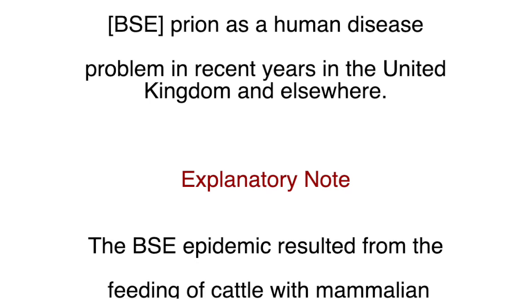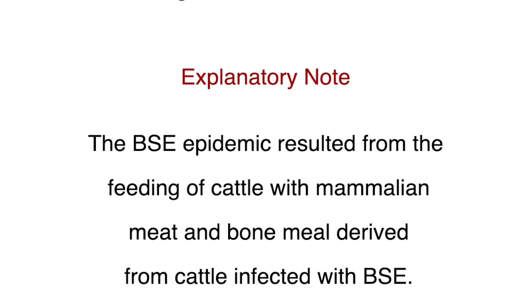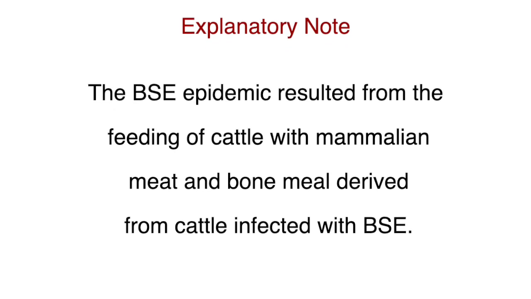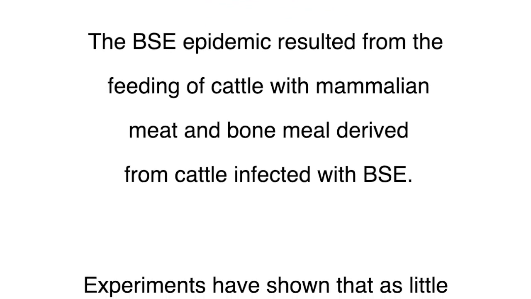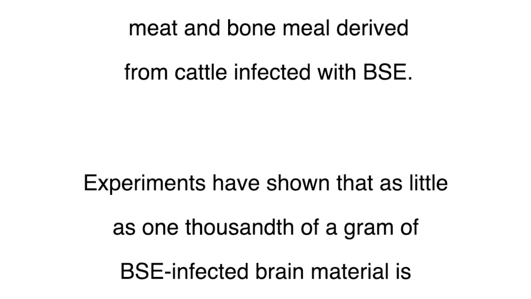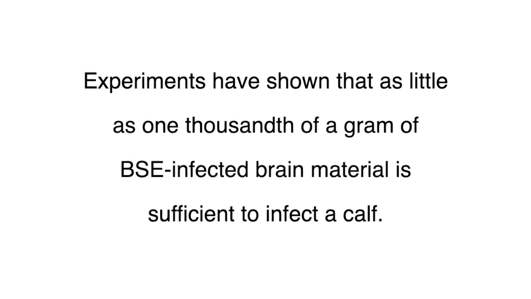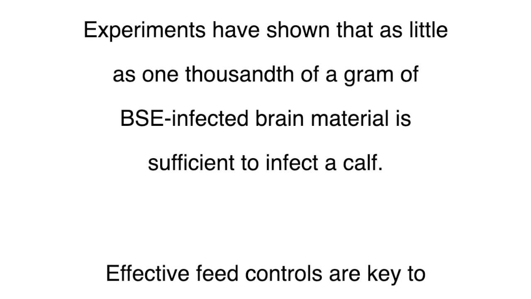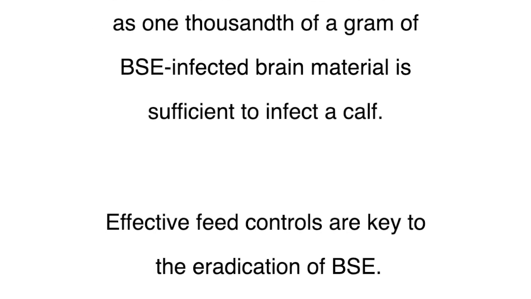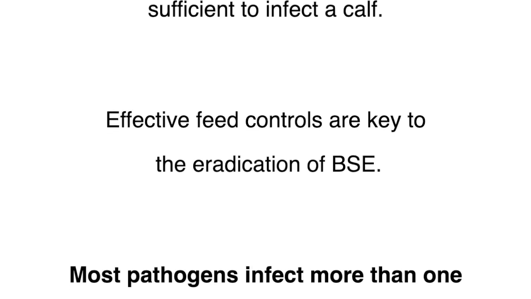Explanatory note: the BSE epidemic resulted from the feeding of cattle with mammalian meat and bone meal derived from cattle infected with BSE. Experiments have shown that as little as 1,000th of a gram of BSE infected grain material is sufficient to infect a calf. Effective feed controls are a key to the eradication of BSE.